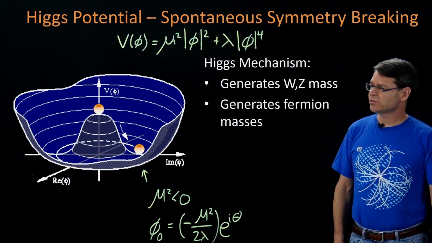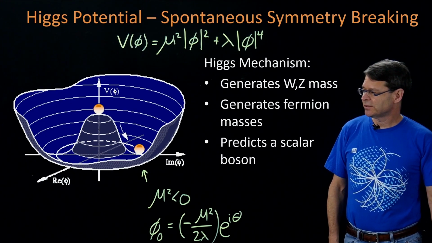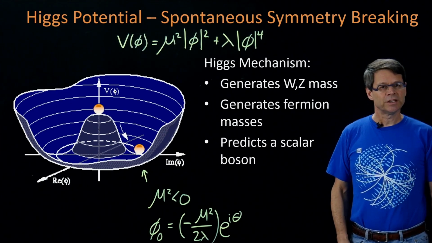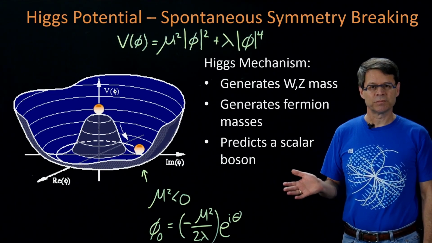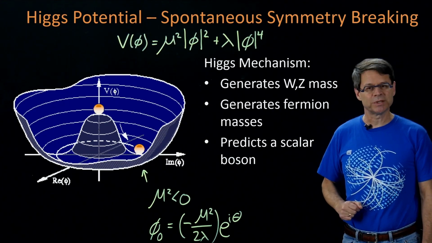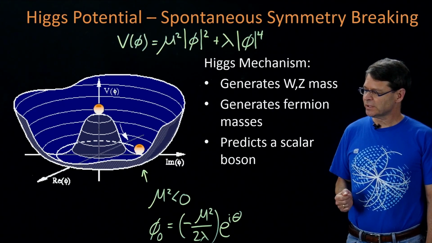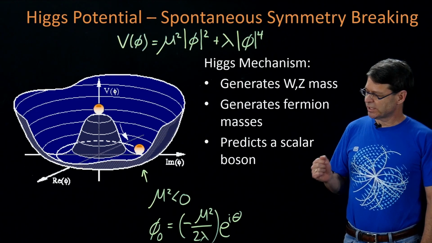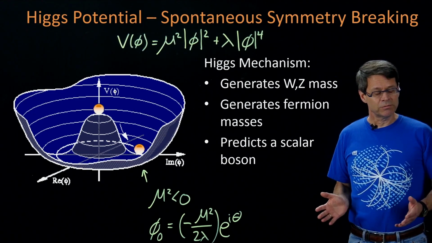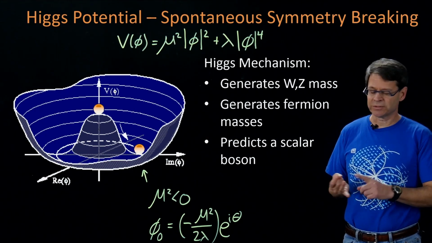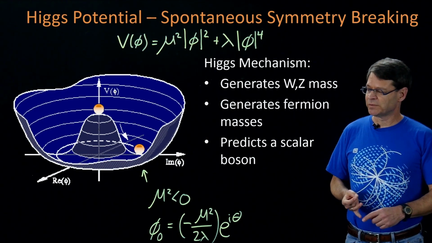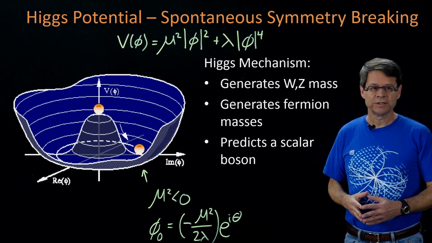And one other interesting consequence is that with this Higgs field, it predicts at least, at a minimum, one new scalar boson. What is scalar? Scalar is spin 0. So it generates a new particle which has no spin, and so far all the particles, the fermions have spin and the gauge bosons have spin 1. So this is new. It's a particle without spin.